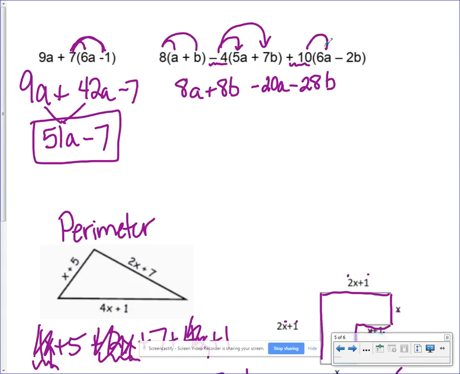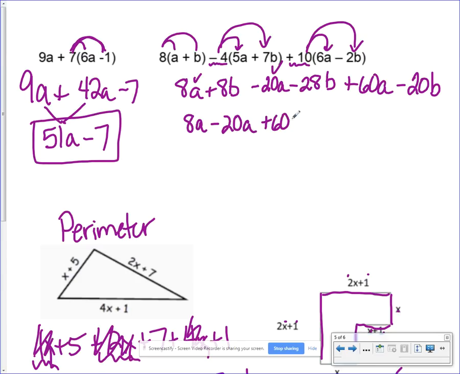Positive 10 times 6a. Positive 10 times 2b. Negative 2b is negative 20b. Now, this is a long string, so I'm going to rewrite this. I have an 8a, that's here. I have a negative 20a, that's there, and a positive 60a.